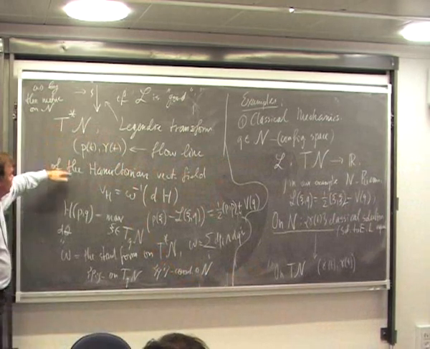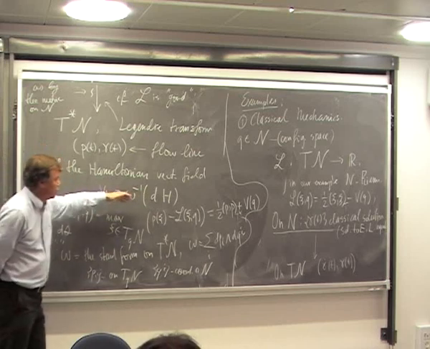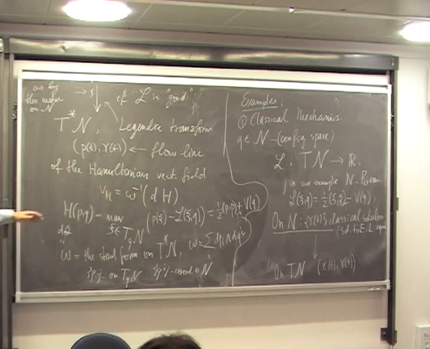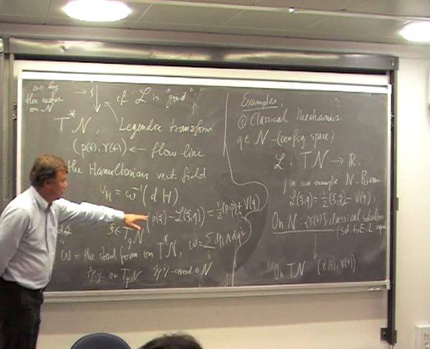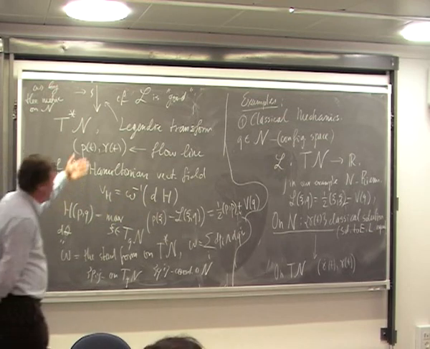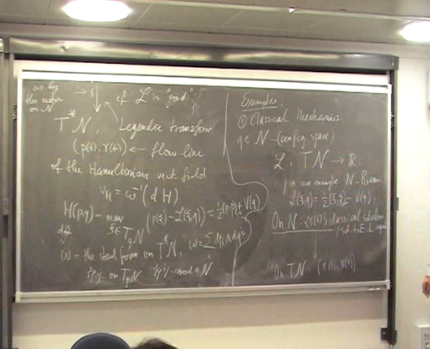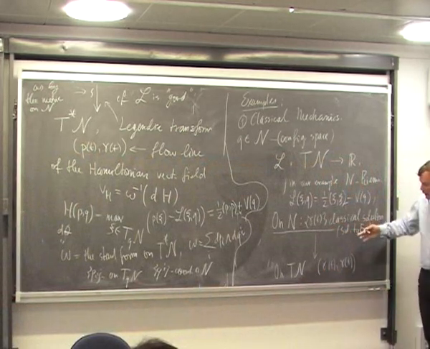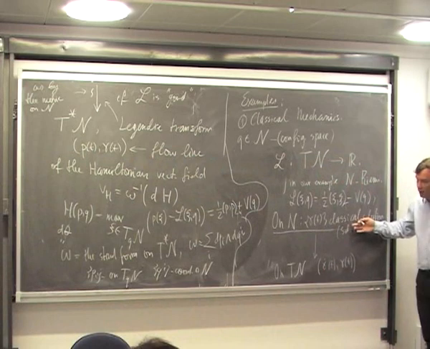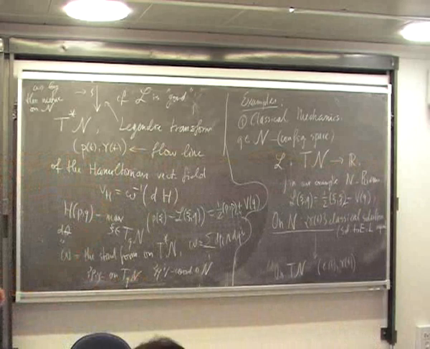Through the Legendre transform, you can pass to the cotangent space, and then on the cotangent space you have the Hamiltonian, which is the Legendre transform of L, and its Hamiltonian vector fields are exactly the images of the solutions to the Euler-Lagrange equations. In this way you connect solutions to the Euler-Lagrange equation to Hamiltonian vector fields on the cotangent space.